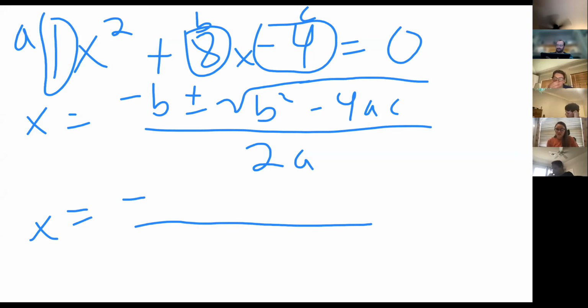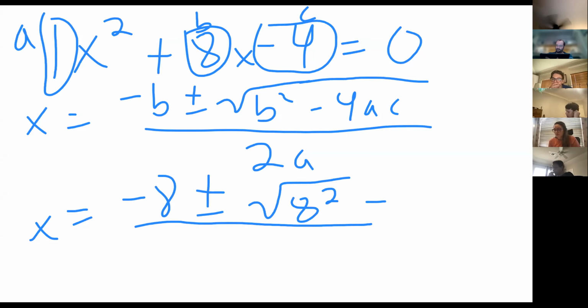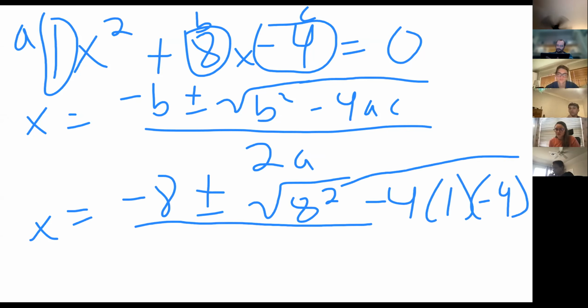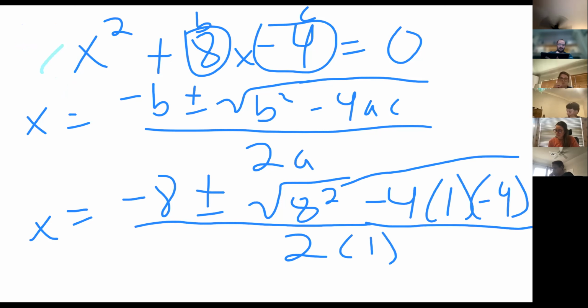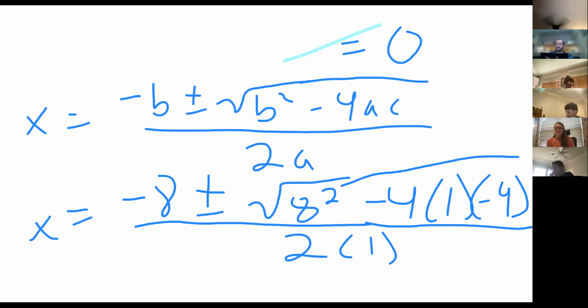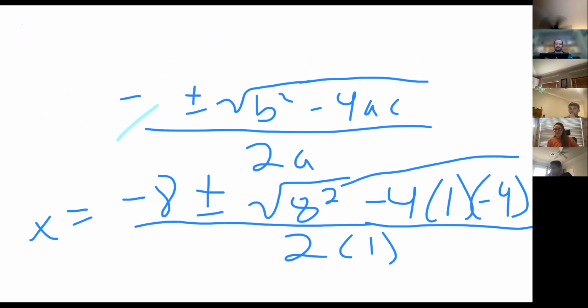Negative 8 plus or minus the square root of 8 squared minus 4 times 1 times negative 4, and then over 2 times 1. Is that what y'all are getting? Did you get the same thing, hopefully? Yeah. Okay. Yep.